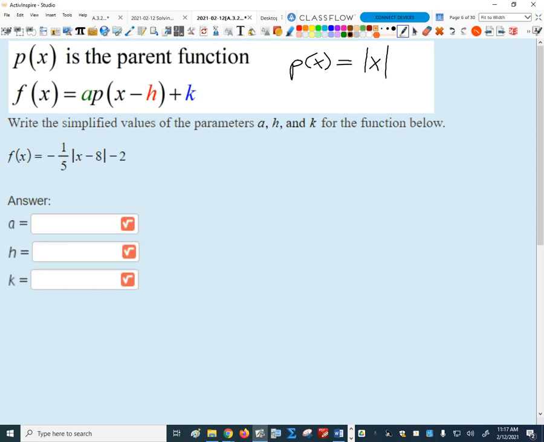Okay. So what is the value of a in my new function, f of x? And remember, a is the vertical dilation factor, right? What is that? Type it in chat. What's a?